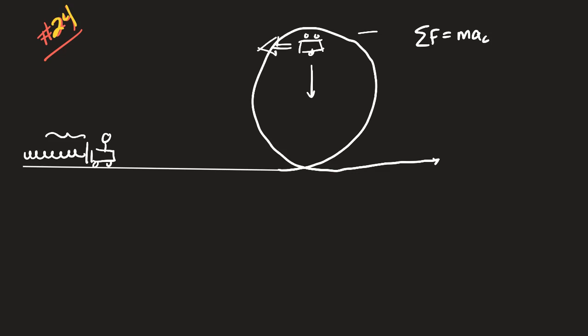All right? The cars want to go in a straight line. Gravity will pull them down. We might need to pull them down faster than that to get them to travel in a circle. That's more or less what it comes down to.